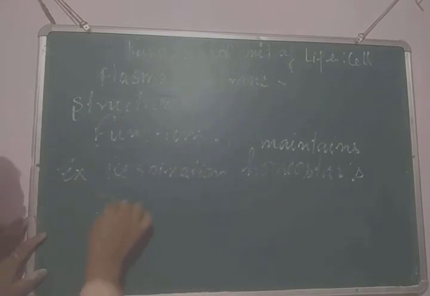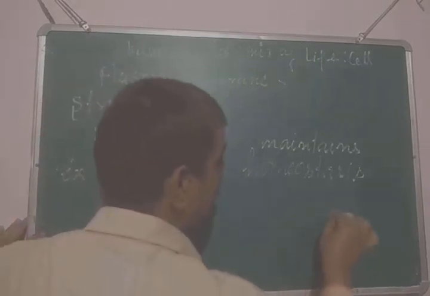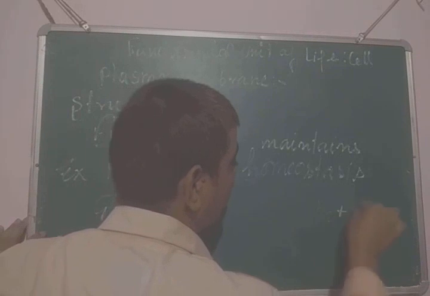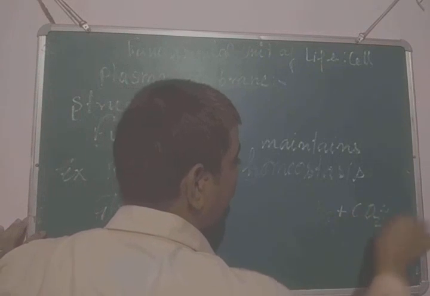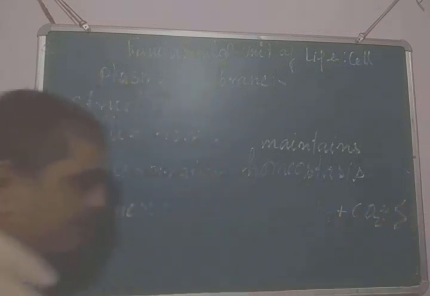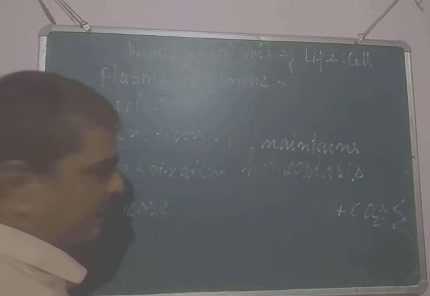Glucose breaks down into water and carbon dioxide, plus energy is released. But glucose does not directly break down into water and carbon dioxide.